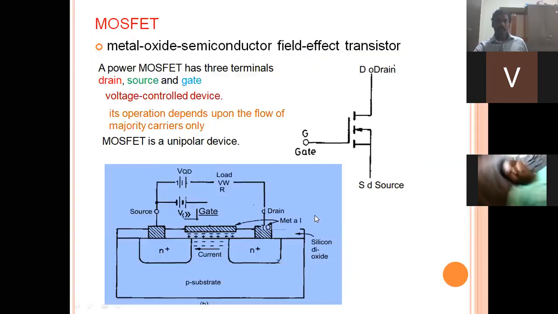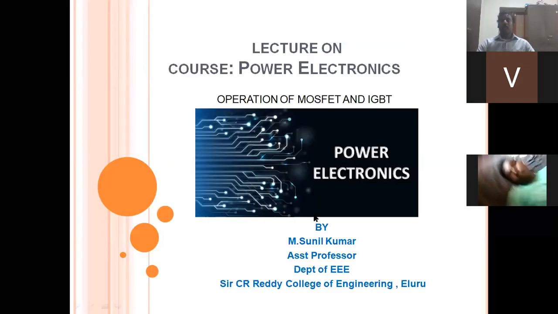So with this, we considered the basic power electronic devices, converters, and basic types of converters. We considered the characteristics of devices.